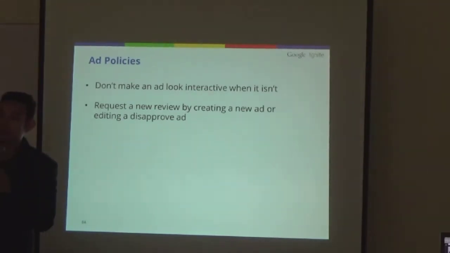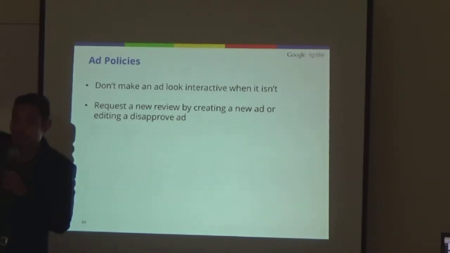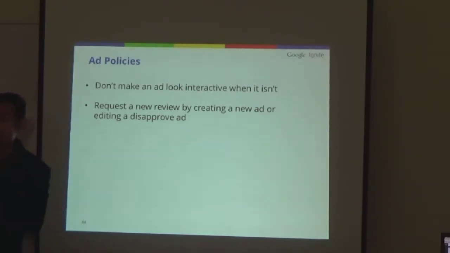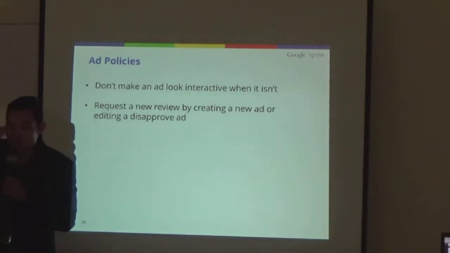But functionally, it doesn't work, meaning there's no way you click that image and there's a drop-down, without doing proper coding and stuff like that. If it's just for the sake of having an image showing that there's a drop-down but it's not really workable, now Google will not approve it.